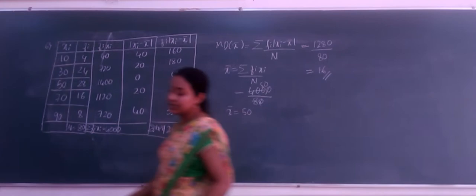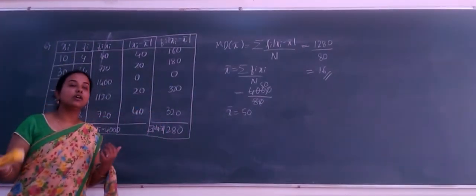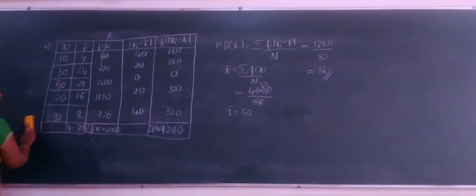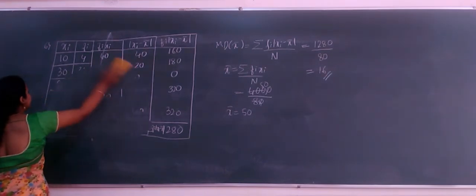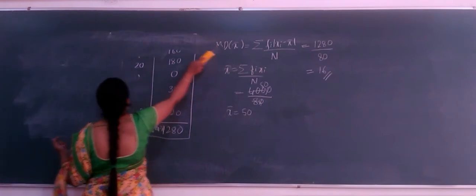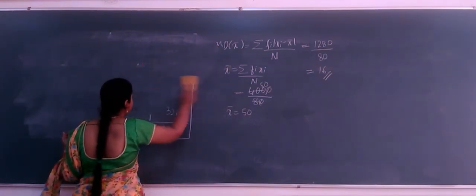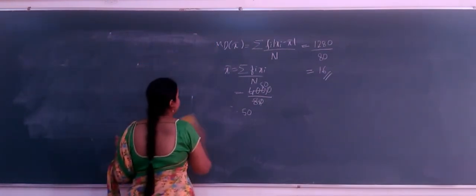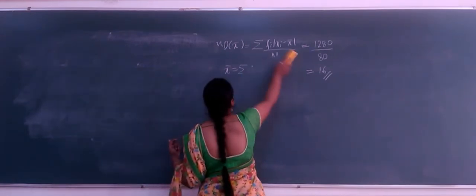Now let us go to our next problem. In the first four problems we understood ungrouped data. In the fifth and sixth problems we understood grouped discrete data. And now there is one more type, which is continuous data.